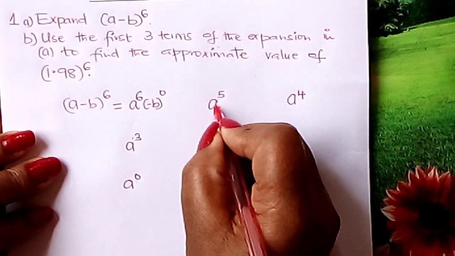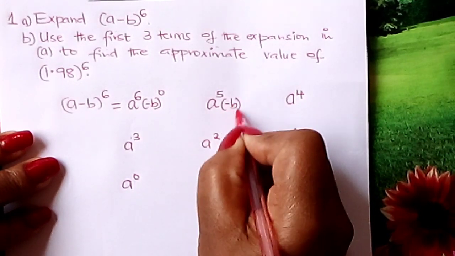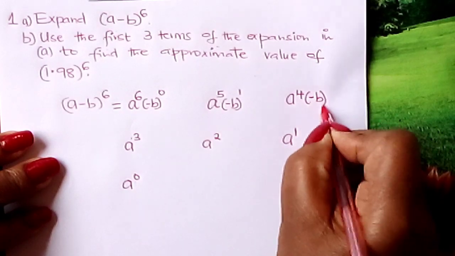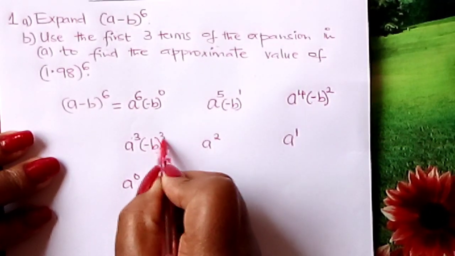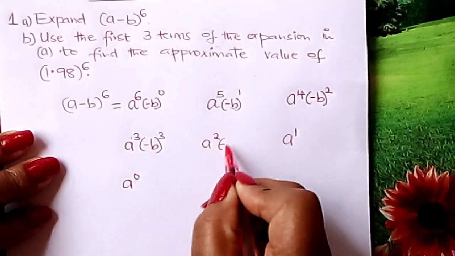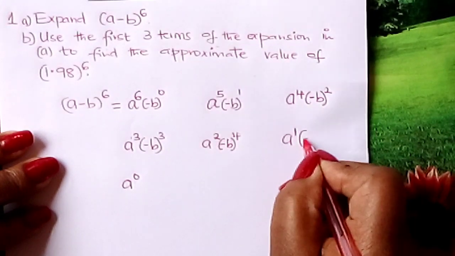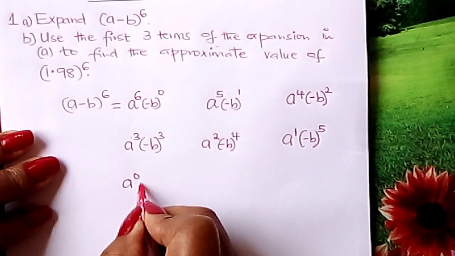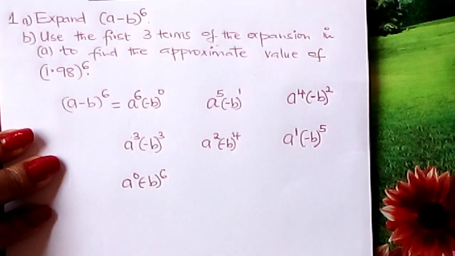It is multiplying the a that you had fixed there. Minus b raised to 1, minus b raised to 2, minus b raised to 3, minus b in brackets raised to 4, minus b raised to 5, and finally minus b raised to 6.